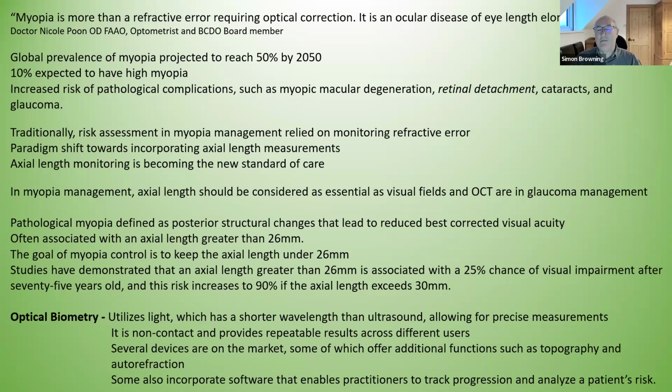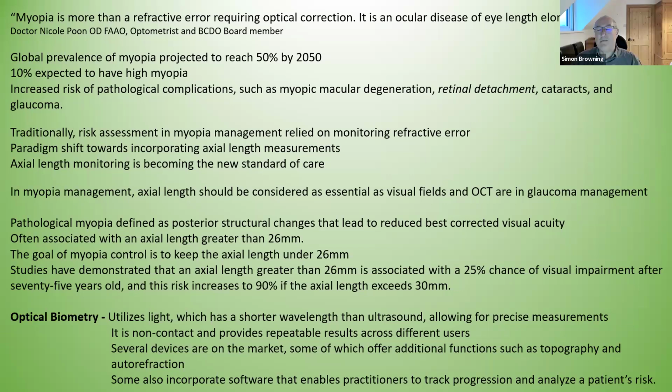Massive amount of myopia. And 10% of those people are going to have high myopia. And with high myopia comes the risk of pathological complications. Myopic macular degeneration, from our point of view, retinal detachment. When we're looking at the peripheries, retinal detachment, cataracts and glaucoma.